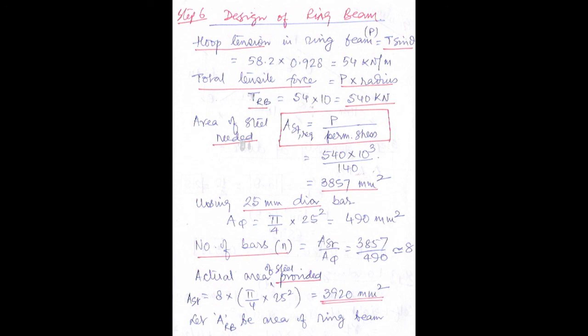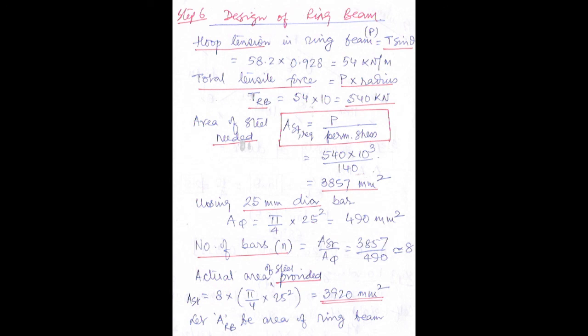So let us see the actual area of steel provided: 8 multiplied by pi by 4 into 25 square gives us 3920. What was our requirement? 3857, but by approximating the number of bars to a whole number, 8, we are getting the actual area as 3920.